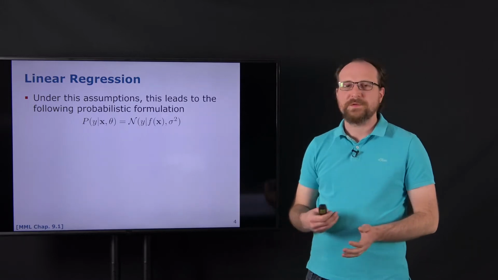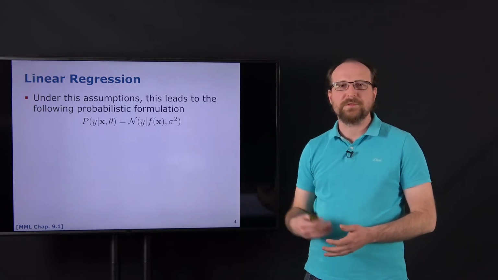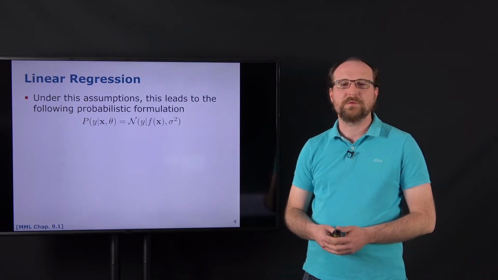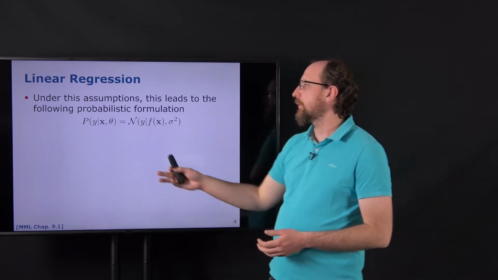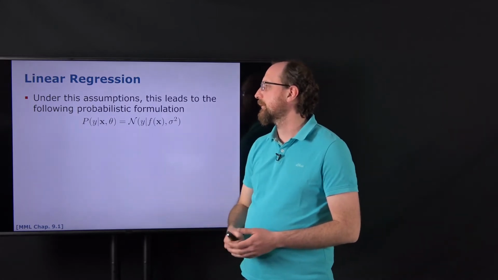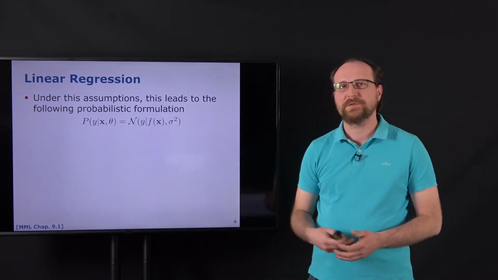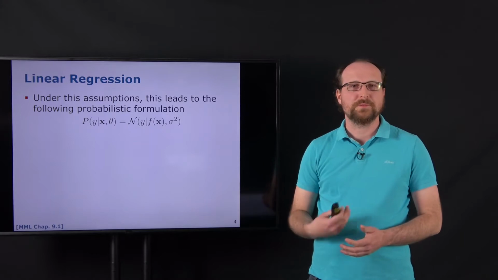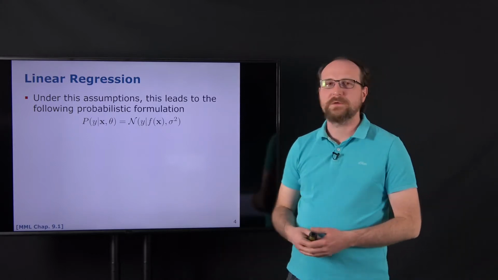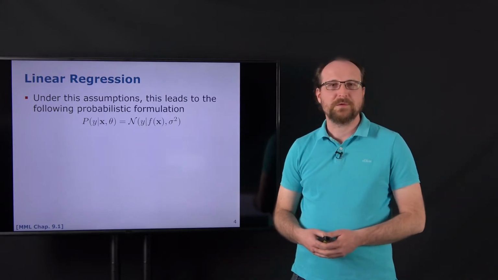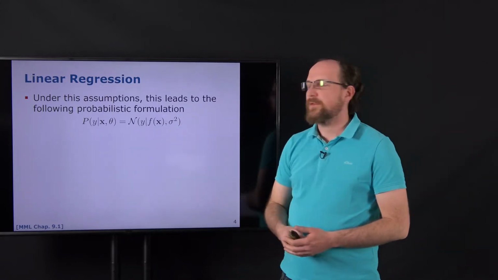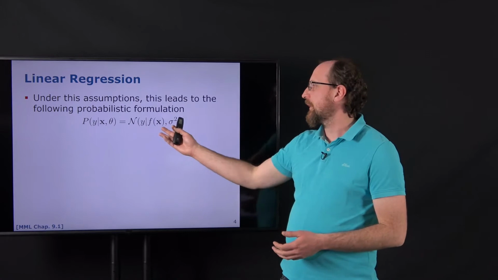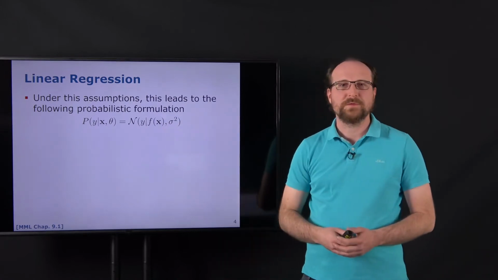Under this assumption that we have normally distributed noise, we can now write our probabilistic model, which gives us the probability for a certain target value given our feature vectors x and our parameters theta, as a normal distribution which has the mean f of x and the variance sigma square.